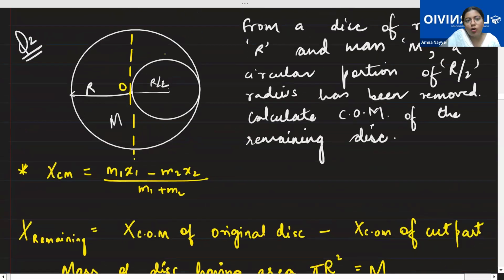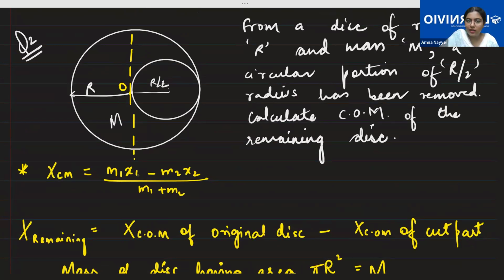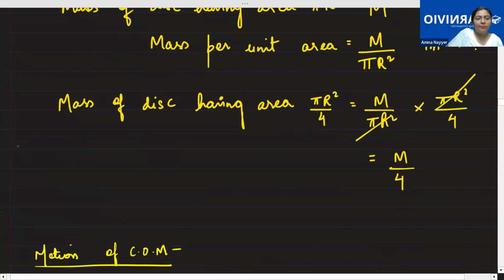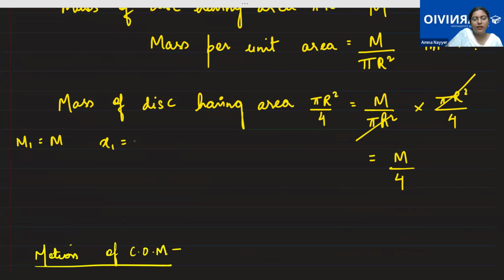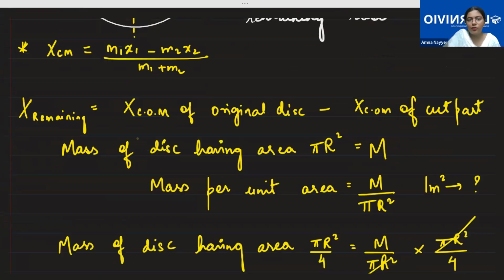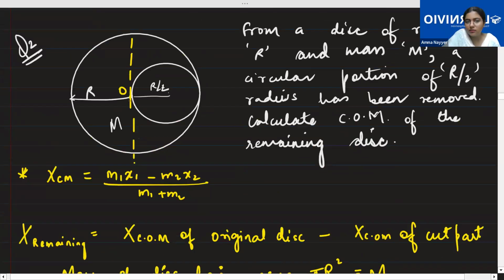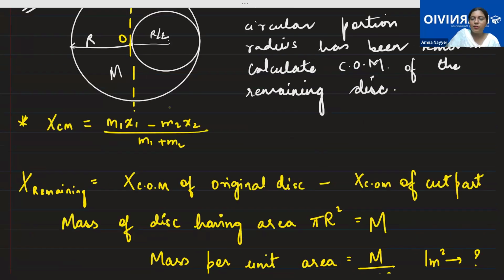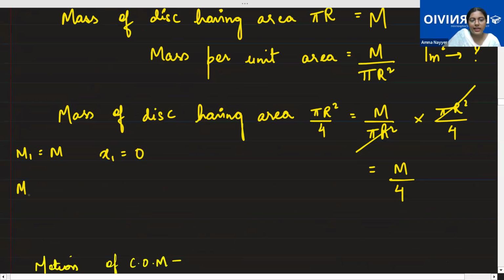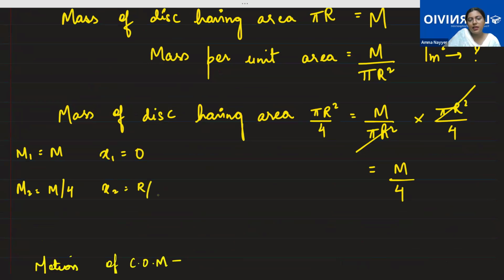Now see, if we write the coordinates of the bigger one, the mass here is m of the bigger one. So m1 is m, while x1 will be 0 because this mass is exactly at the origin. But for this mass, the mass is m by 4 as we have calculated. Second mass is m by 4, while the separation is r by 2 from the origin.